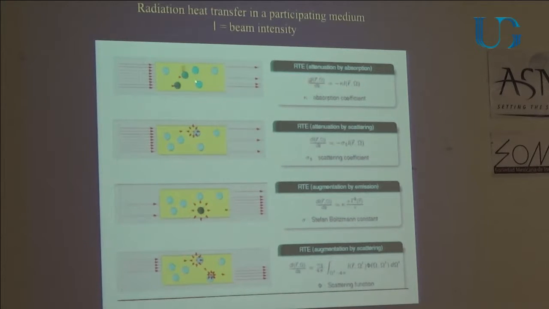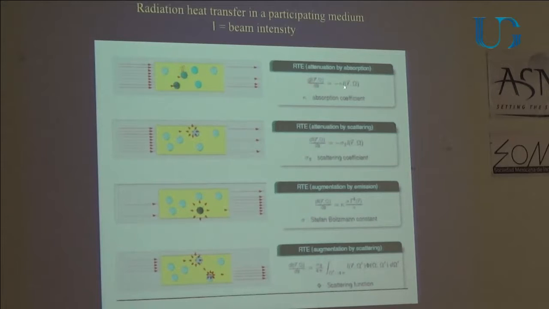That's one effect. And we have a mathematical model for that, and we say that the beam intensity, that is watts per square meter, is reduced, and the reduction as it moves is proportional to a certain physical property that is called the absorption coefficient.